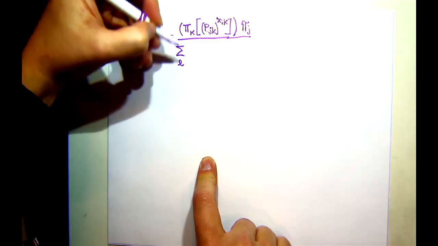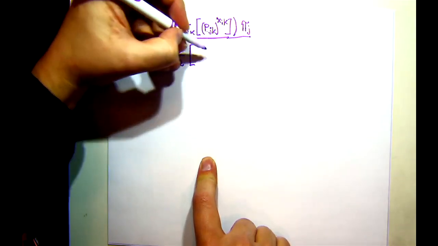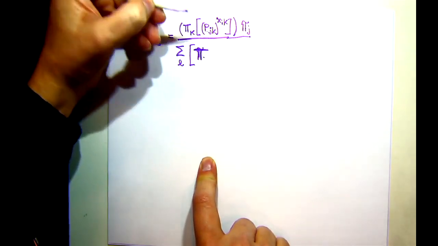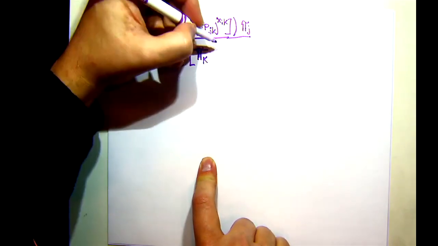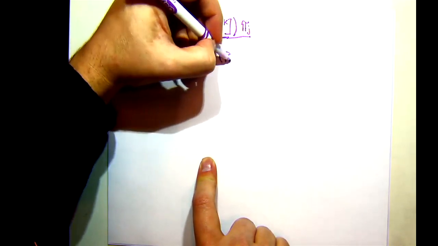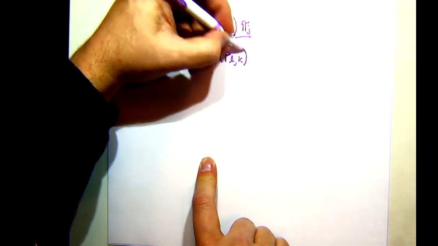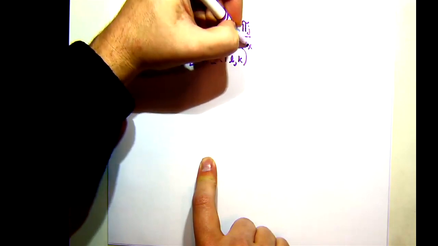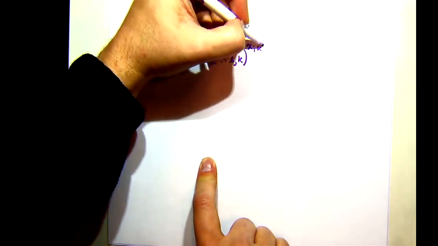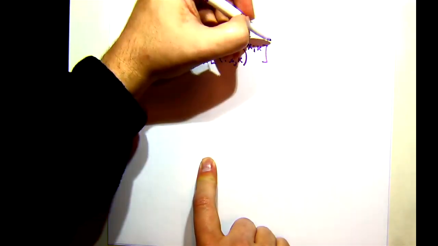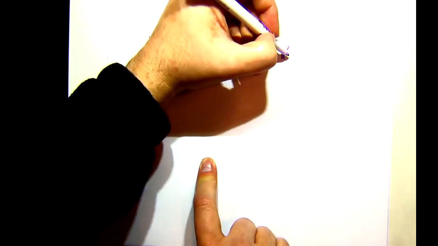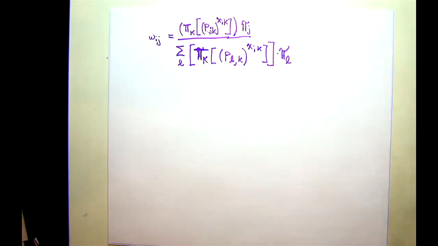This is over basically the normalizing factor, which is going to be the product, not the mixing probability. The product over all the words of the probability of a given word, of a topic and that word, to the exponent of the document and the number of times the word occurs, times the probability of that guy.